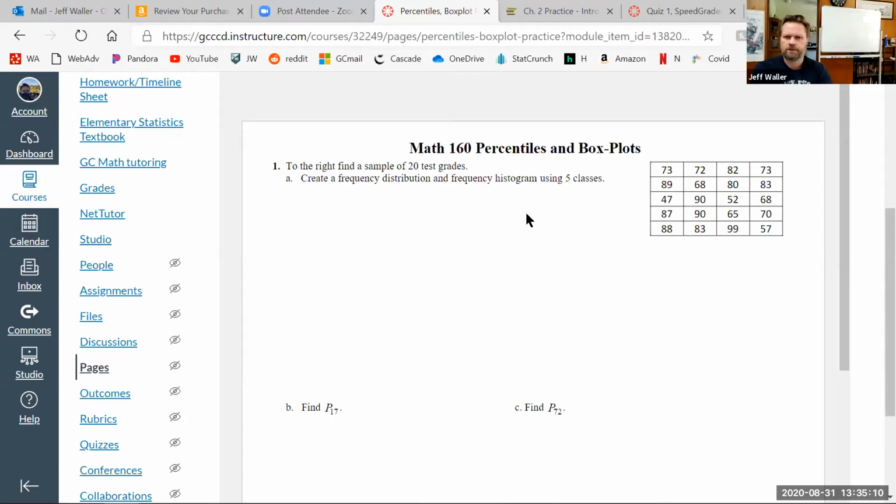Let me ask this question again. Is anybody relying on my sharing, or are you able to pull this up yourself on Canvas? Anybody not able to pull this up themselves? Going once, going twice, sold. Okay, so everybody's got that sheet themselves.